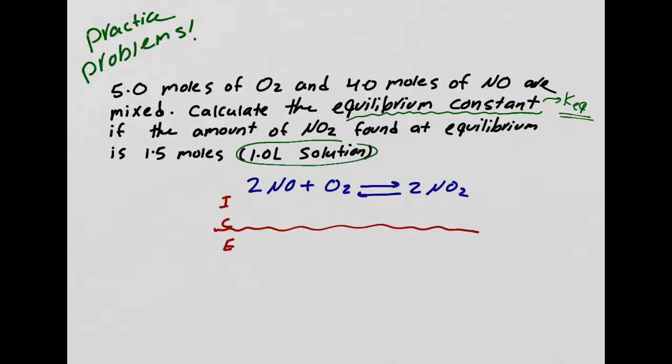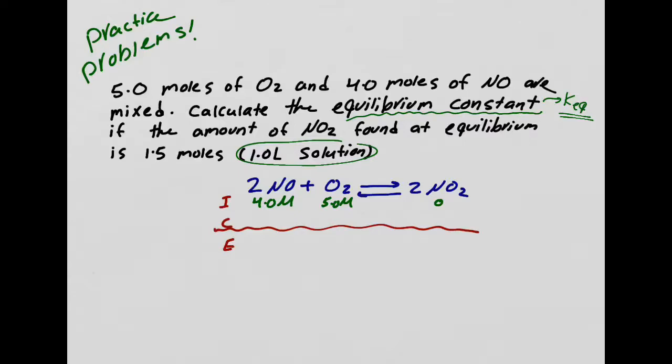Moles over 1 liter would be the same as molarity. So, NO is 4.0 molar, O2 is 5.0 molar, and I don't have any of the product at the beginning.